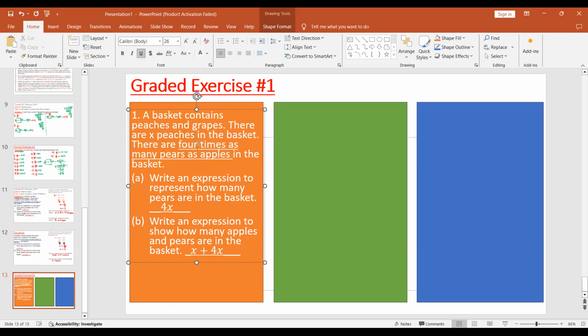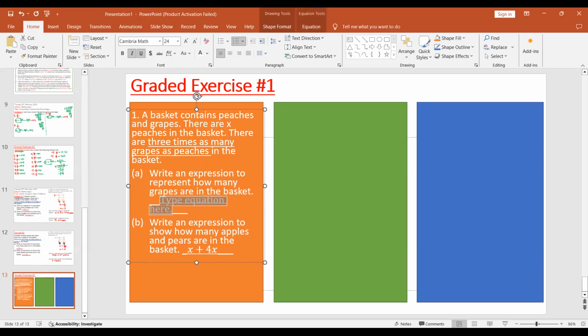There are 3 times as many grapes as peaches in the basket. Write an expression to show how many grapes are in the basket. This should be very easy. Write an expression to show how many grapes and peaches are inside the basket, or peaches and grapes.